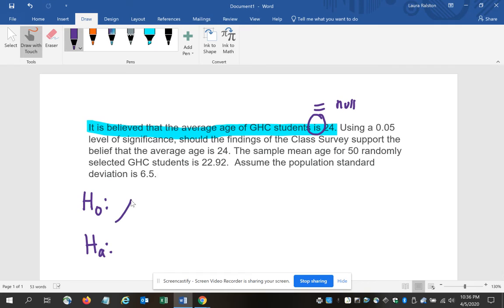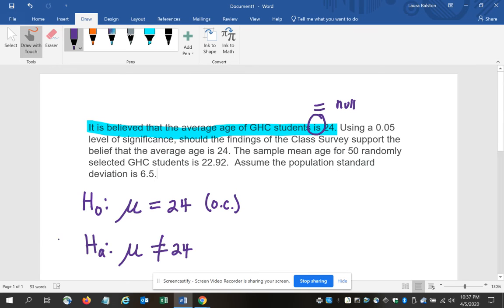So we would have the mean is 24, and that's the original claim. Then I have to figure out what the alternative is. Okay, so the mean is not 24, because remember they are exact opposites.